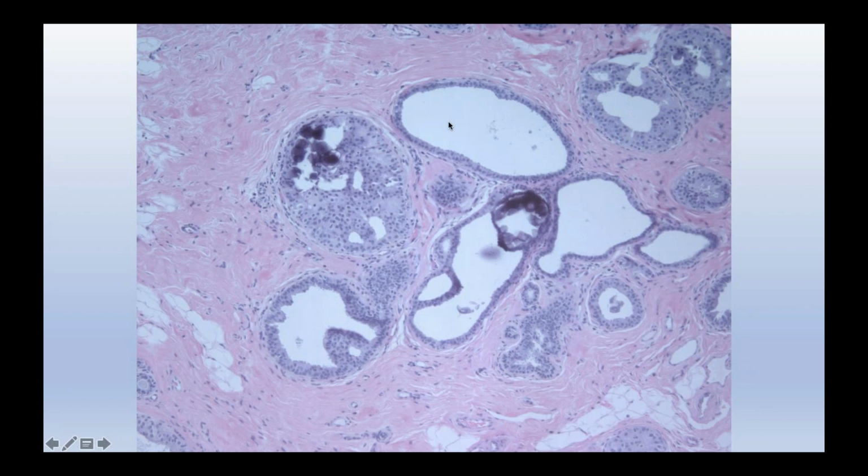And as long as it's in this duct, it has no metastatic potential, meaning it cannot break out and have access to blood vessels out here, which is a hallmark of an invasive cancer when it breaks out and then starts to invade out into this fibrous tissue and has metastatic potential. Then that's a truly invasive carcinoma.